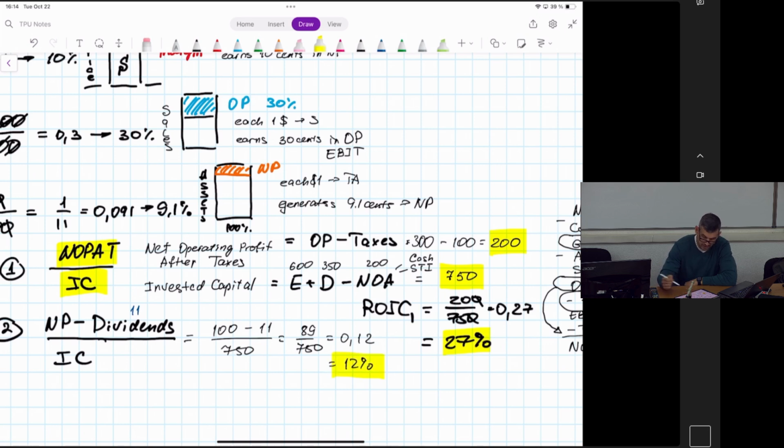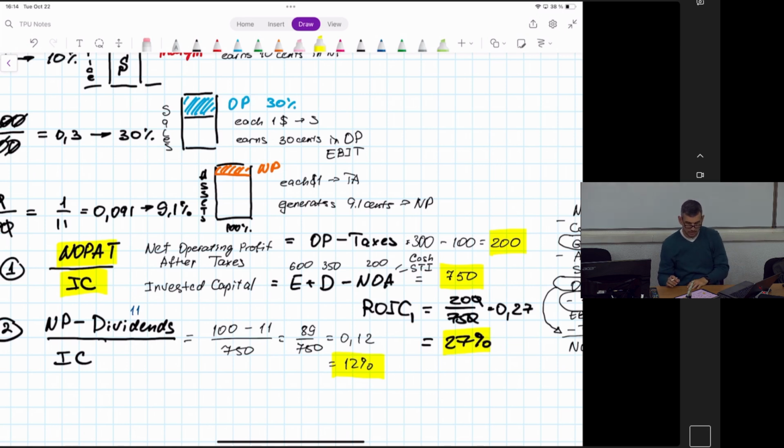So this is another approach. These are two different ways of looking at return on invested capital. In the first approach, the focus is on our operating potential of the company. This is how much stocks and debt we used to invest into the company, and they generated so much operating profit after taxes. So it's 27% profitability.